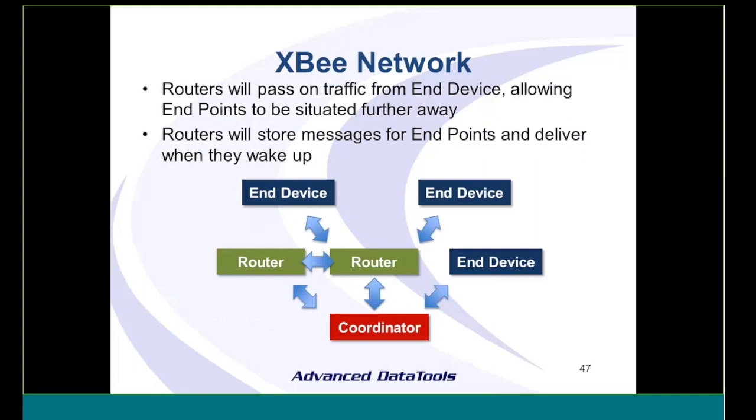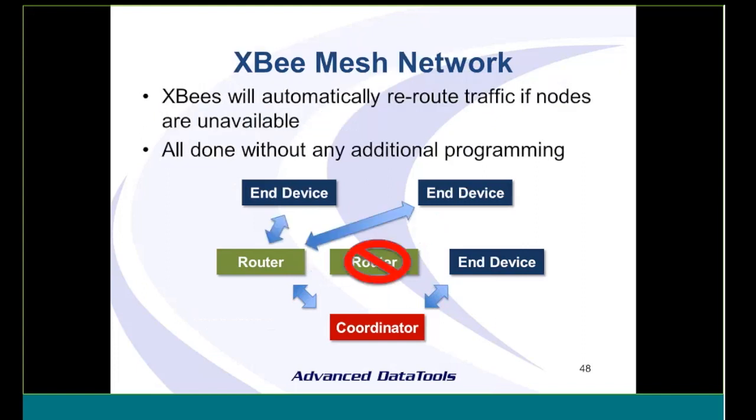That means you can start expanding your network by chaining these things together, so you can spread this network over quite a large area. But also, if one of these routers goes down, these XBees will find another way, if they can, to get to the coordinator and send their data. All that traffic will be rerouted, and that's done without any programming on your part. It's all accomplished by these XBee radios.